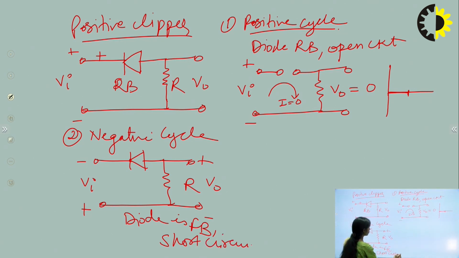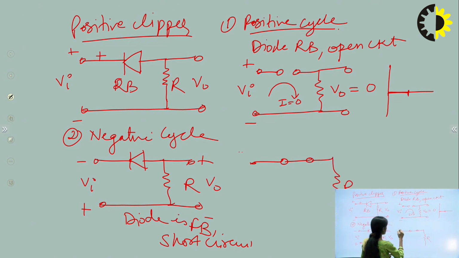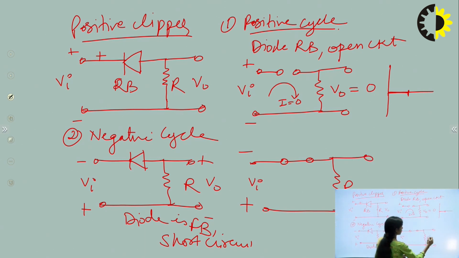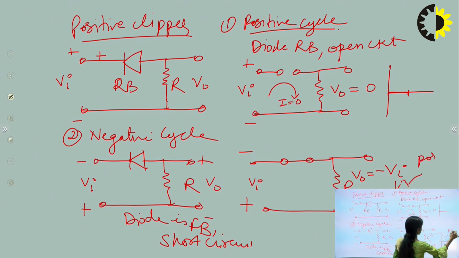The circuit will look like this, a short path and the resistor. For the negative cycle, this is Vi input, and we get output equal to minus Vi. That means we obtain the negative cycle as it is. For the positive cycle, no signal will be there; for the negative cycle, the signal will be obtained. So the positive cycle is clipped off.